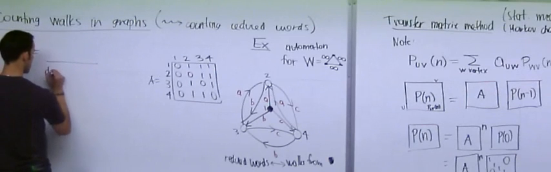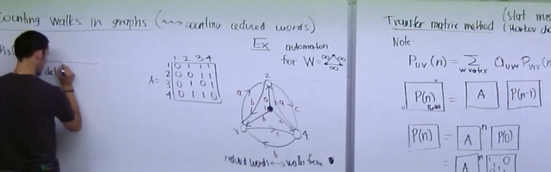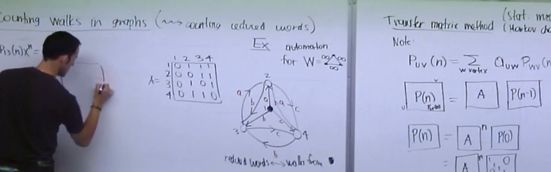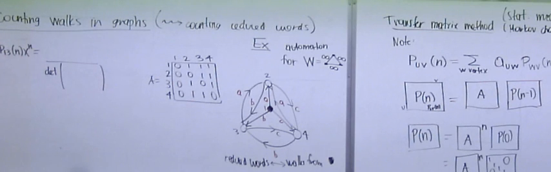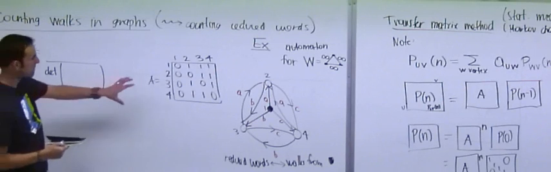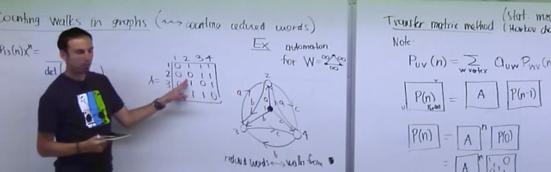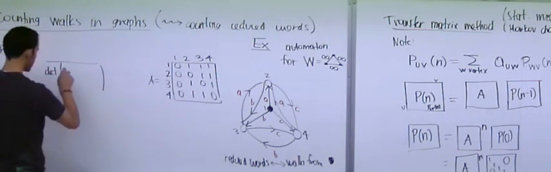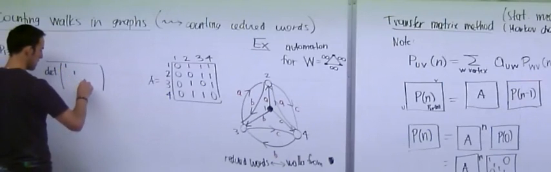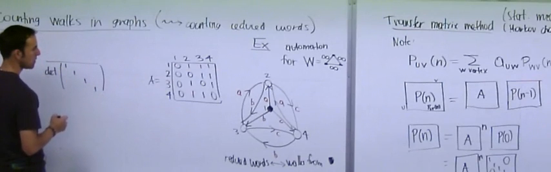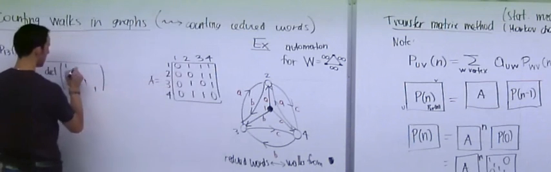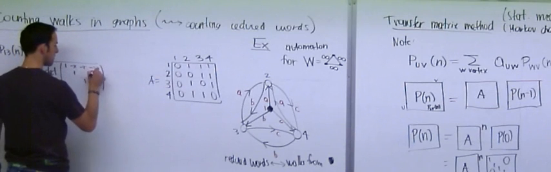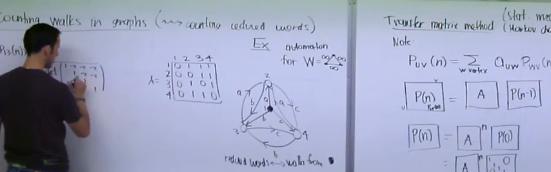Now let's do the bottom. Determinant of I minus xA. So the identity matrix minus x times this thing. Now you see this thing has nothing in the diagonal, so we're just going to get ones in the diagonal. Minus x times all of these guys, so we get minus x, minus x, minus x, minus x, minus x.